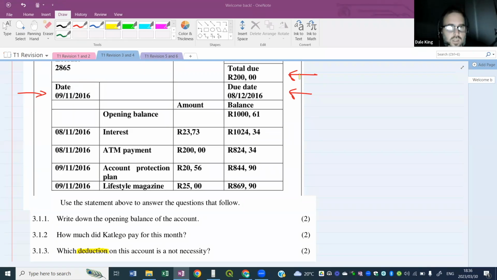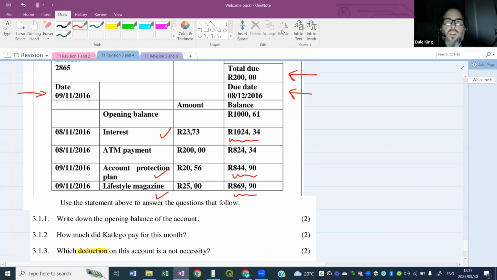So these deductions here are the ones that are increasing what you owe. So we'll show deductions here: interest, account protection plan, and the lifestyle magazine. All these things are increasing this value, making it bigger. So those are all deductions. They're coming out of your accounts, and they're making what you owe bigger here.